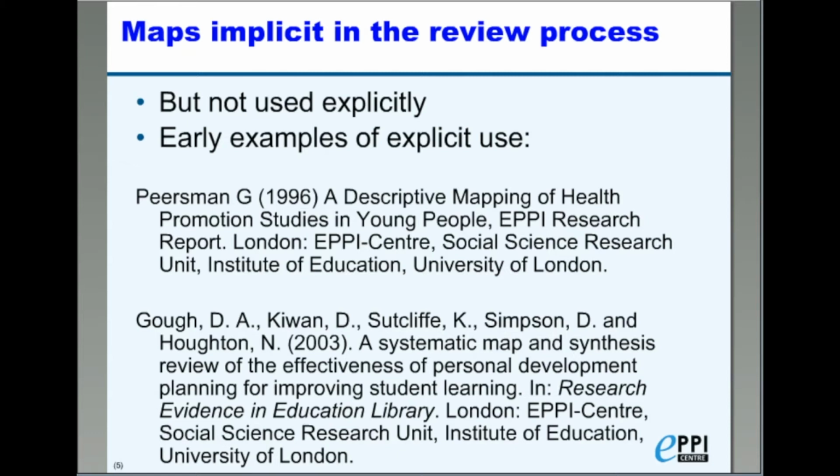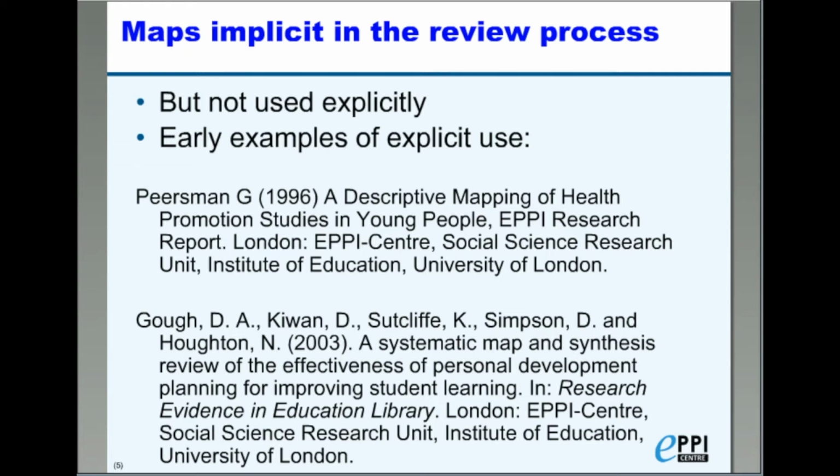But my colleagues, over 20 years ago, started to be aware that we could use this mapping stage as a useful part of the process. There are other things we could do with it. So Gret Piersman was the first person in 1996, and I and colleagues learned from that, and we did a systematic review.